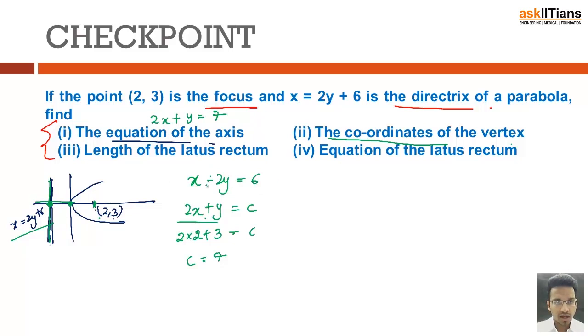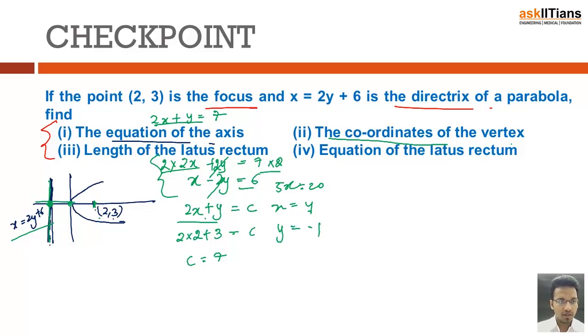Solving these two equations, 2x plus y equal to 7, multiplied by 2 to make it easier, and x minus 2y equal to 6. The 5x comes out, with y cancelled, as 14 plus 6, 20. So x equals 4, and putting it here, y equals minus 1. So this point is (4, -1).